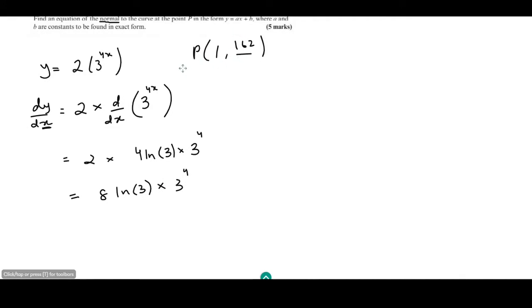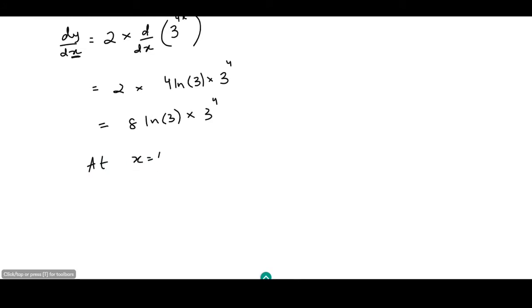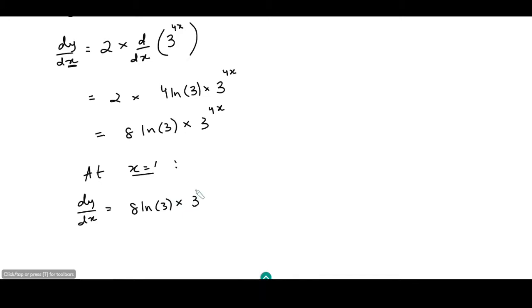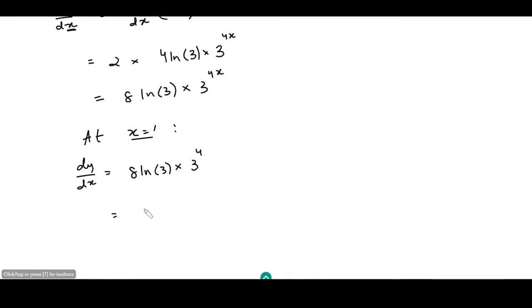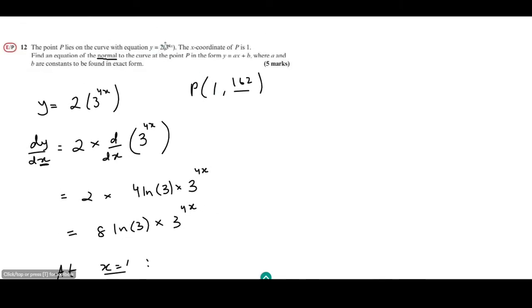So at x equals 1, we have dy by dx equals 8 ln 3 times 3 to the power of 4 times 1. In other words, 3 to the power of 4, and this evaluates to 648 ln 3. So this is the gradient of the curve y equals 2 times 3 to the power of 4x at this point P.